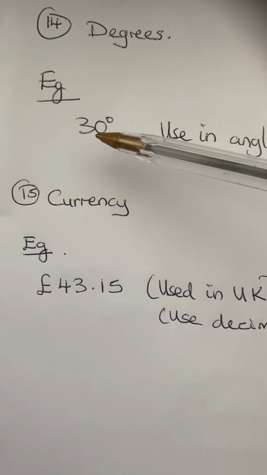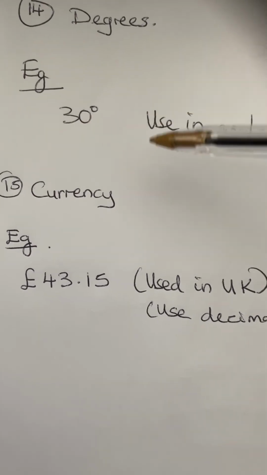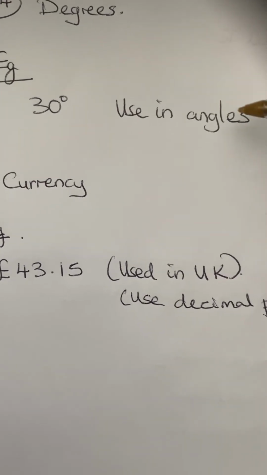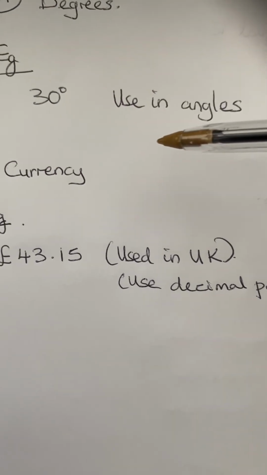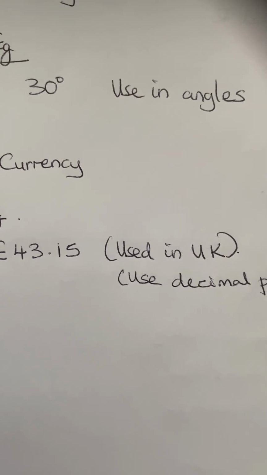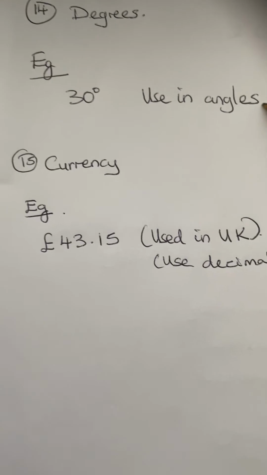So what are you going to do to find the third one? You use the principle that the total value of angles is 180. So if you know the first two, then you can find the third one.